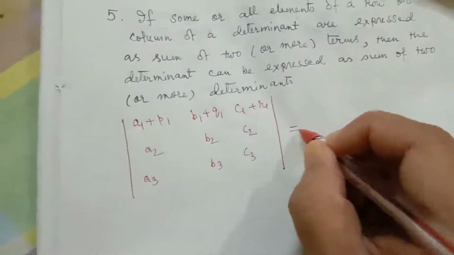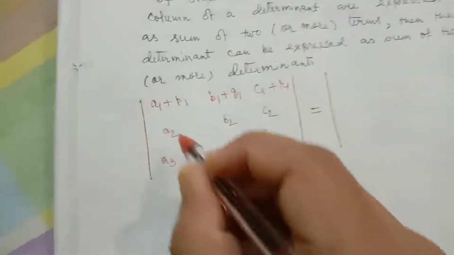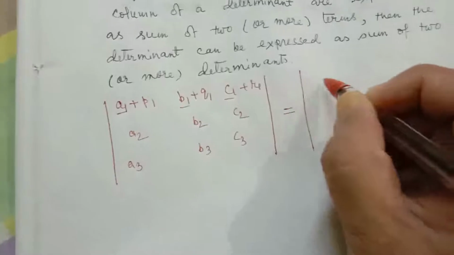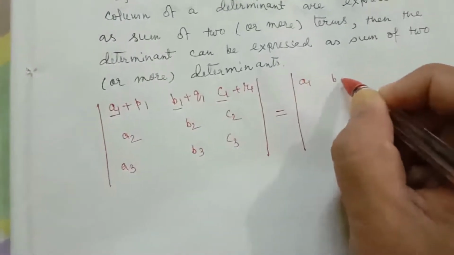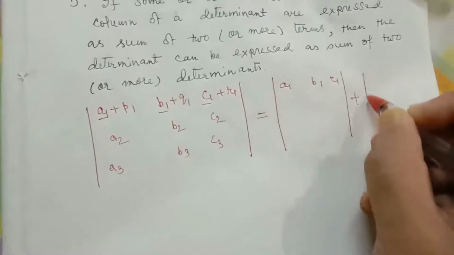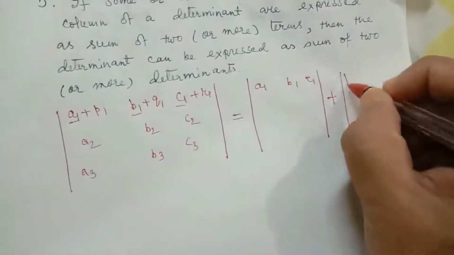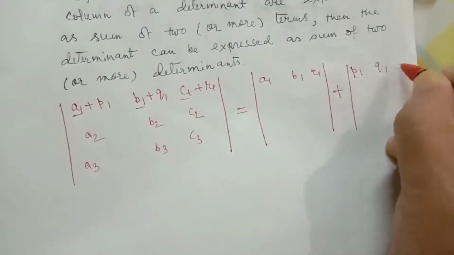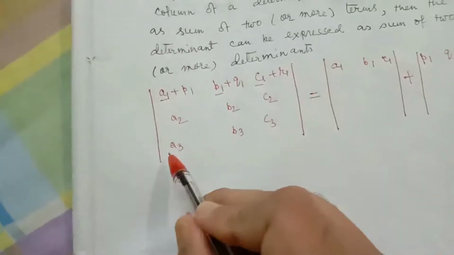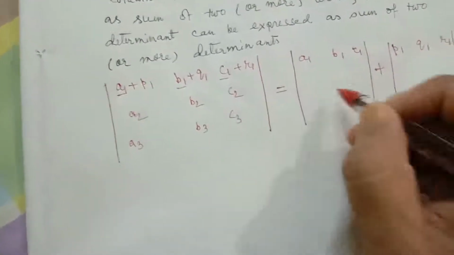Then we can break this determinant into two parts. We have to write the first elements a1, b1, c1 in the first determinant, plus we have to write the second elements p1, q1, r1 in the second determinant. Second row and third row a2, b2, c2, a3, b3, c3 will be same in both the determinants.